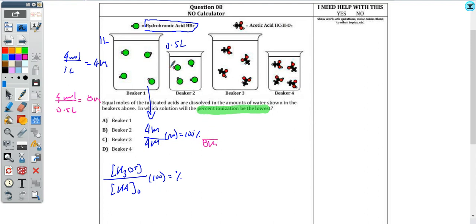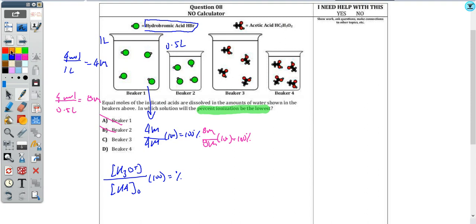But again, recognize that it's a strong acid. So I'm going to have 4 moles of hydrogen that completely come off of there. And 4 moles in half a liter is going to be 8 molar. So even though the concentration is different, it's still going to be 100% ionized when we talk about a strong acid. So these beakers are out right away.